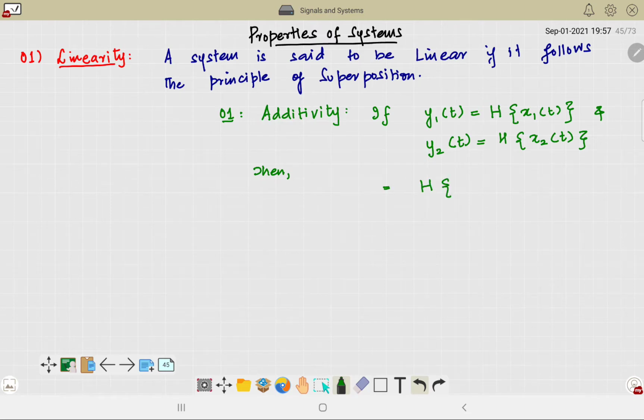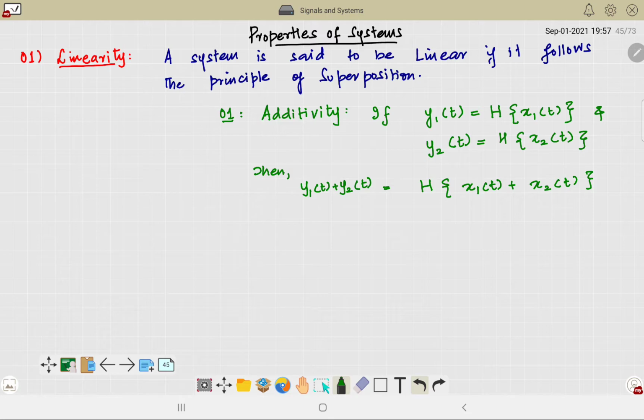Now this criteria of additivity states that if you want to satisfy this property, then if the same system is fed an input signal which is the sum of these two inputs x1 and x2, your output should be a linear sum of the individual outputs. This is the additivity property, which is the first criteria of superposition.